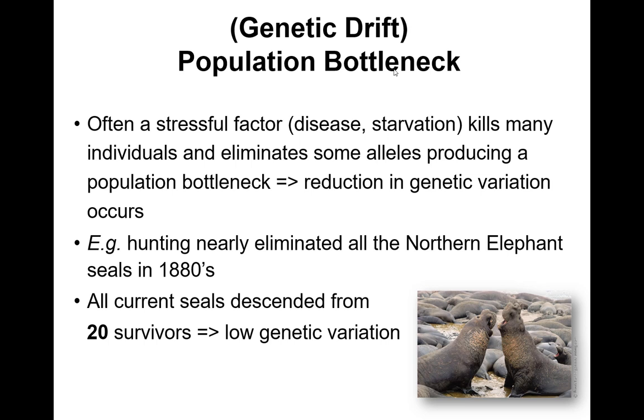Then hunting was banned, and these 20 survivors could actually give origin to the thousands of northern elephant seals that are present nowadays. But as you can imagine, that event of hunting, the population bottleneck, has greatly reduced the variability within these populations, making them more susceptible to extinction even in the future.